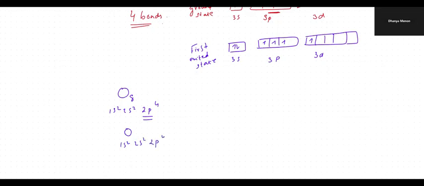There are 2 oxygens, right? So I'll just draw the 2p orbital, 1, 2, 3, 4. This is the 2p for one oxygen, and this is the 2p for the other oxygen, 1, 2, 3, 4.